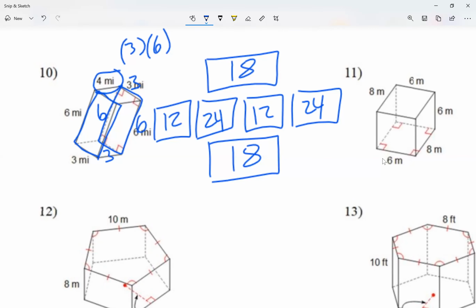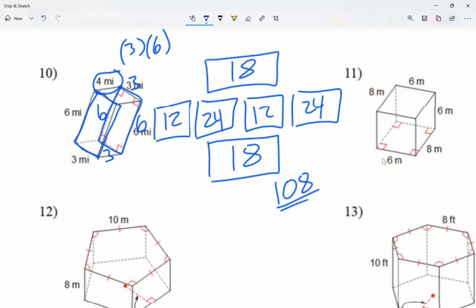The height times each side of the base. And then I'm just going to add everything up. And in my case, I happen to get 108. If you have decimals in your answer, round it to the nearest tenth, which is one decimal place.